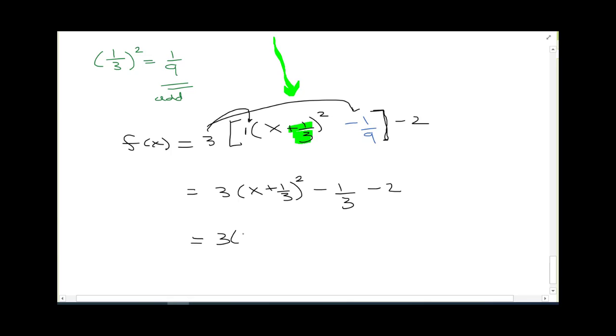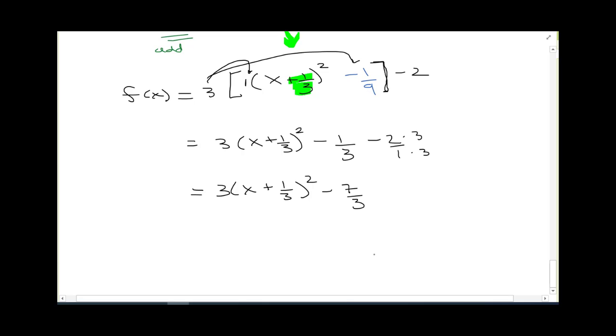And let's simplify. Negative 1/3 minus 2, get a common denominator. So what's that? Negative 6/3 minus 1/3 is negative 7/3. And now we have it in the form that gives us the vertex. So the vertex is negative 1/3, right, or whatever makes this 0. So negative 1/3 will make it 0.